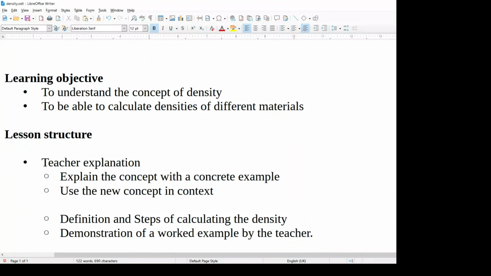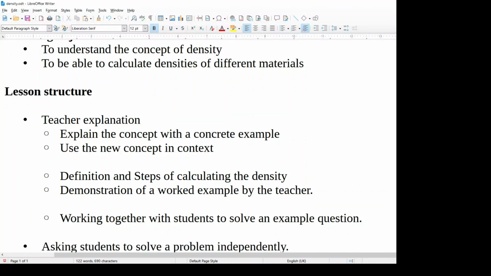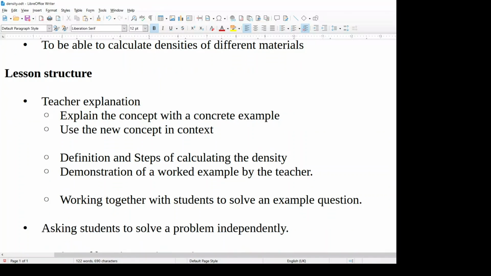After that, we will give them the steps of calculating the density and also give them the definition of density and demonstrate a worked example. After that, we will do an example together with the students and then ask the students to do an example by themselves.